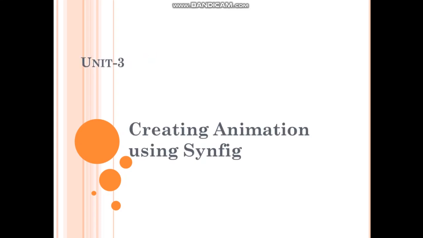In the 2nd chapter we studied pencil animation software and Synfig, and we also saw various types of multimedia authoring tools. Now in the 3rd chapter we have to see how to work with Synfig. So unit 3, creating animation using Synfig. But before that, we must understand what is animation.